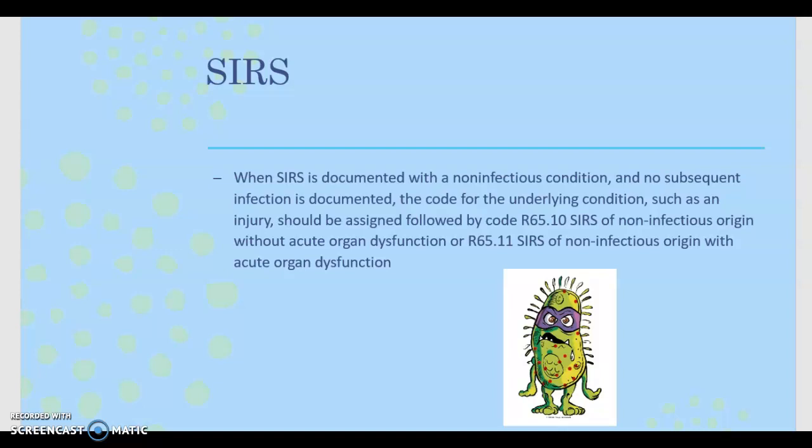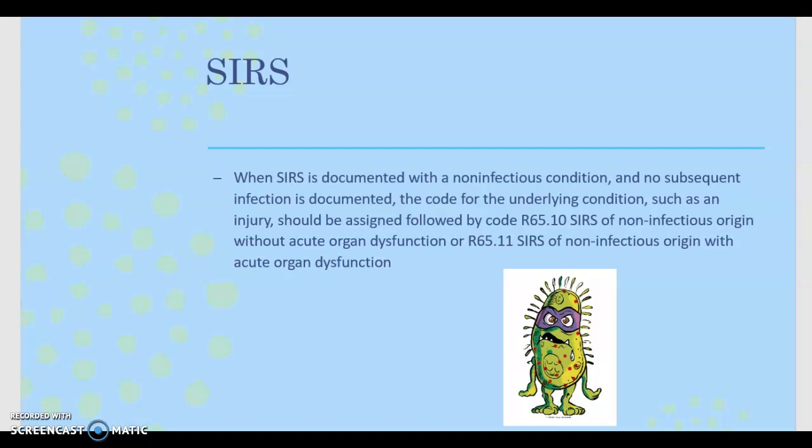And next, SEPSIS. So we've talked about sepsis when we learned about coding infectious and parasitic diseases. But when sepsis is documented with a non-infectious condition and no subsequent infection is documented, then we code for the underlying condition, such as the injury.